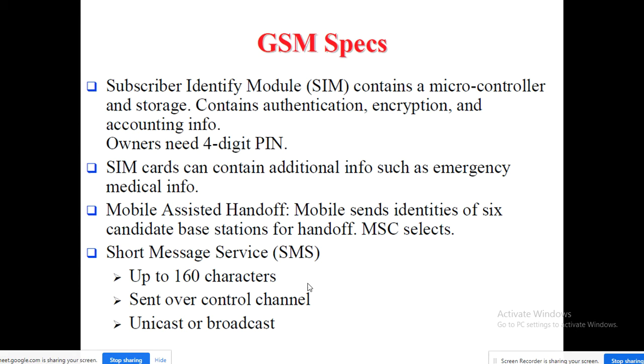See, the old architecture needs a 4-digit pin to configure that SIM. I think you people are not aware of that. Nowadays, plug and play, your SIM cards are ready to use. But in those days, it's not like that. You need a pin to activate the SIM. They will activate the SIM by dialing to the customer care. They will make a call and activate it. You have some number.